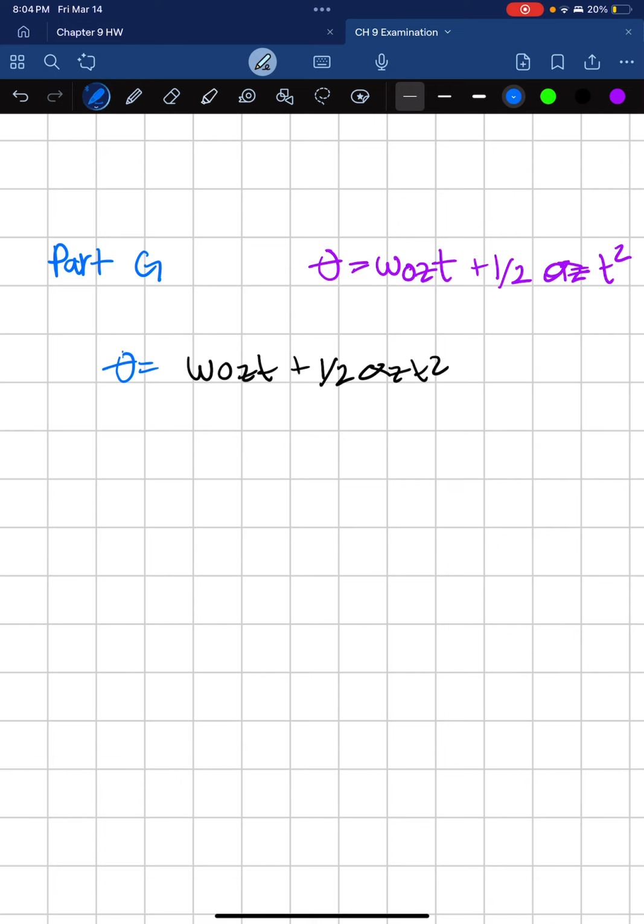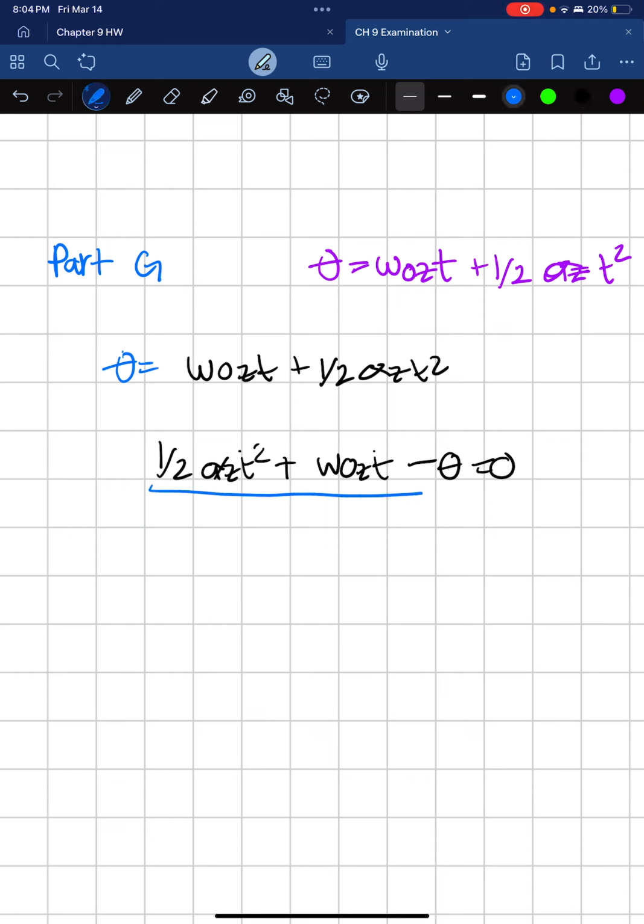What we notice is that we can combine like terms. When we do this, we get one half of the angular acceleration times t squared plus the initial angular velocity times t minus the angle equals 0.